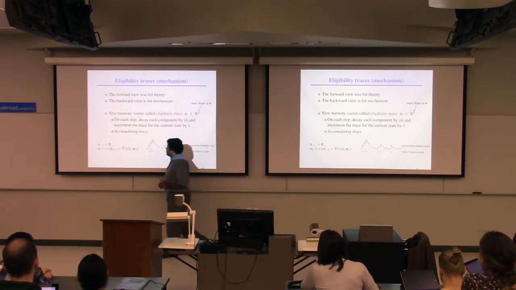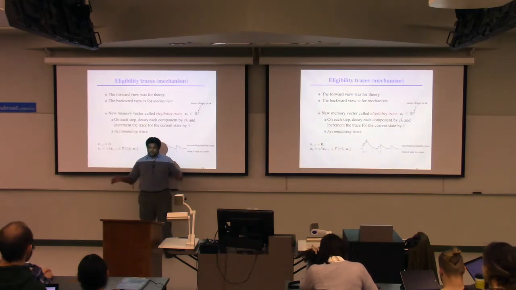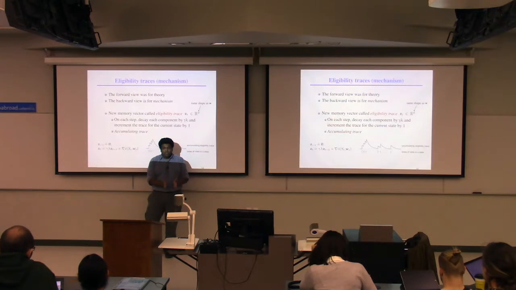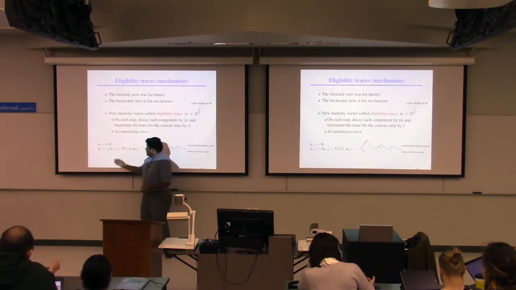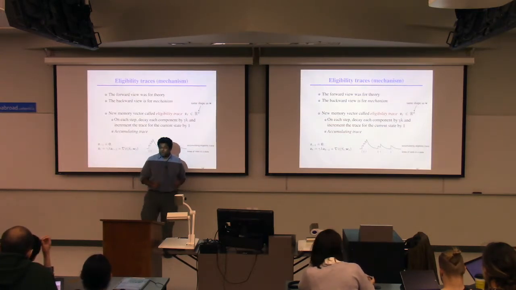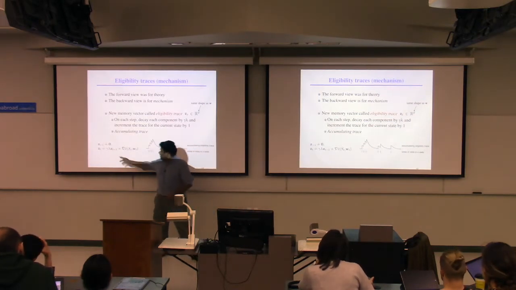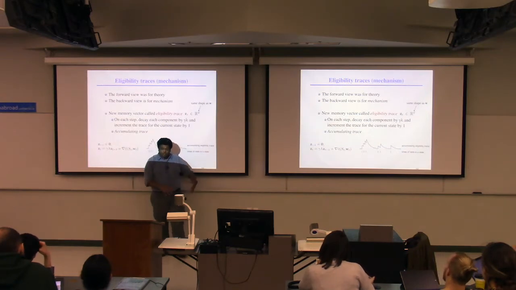Right? So if lambda was 0, it would decay completely, and you'd be back to TD(0). If you set lambda to be 1, then it would just take the full trace decayed by gamma, and then add on the new feature vector.